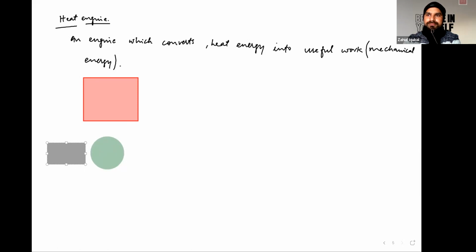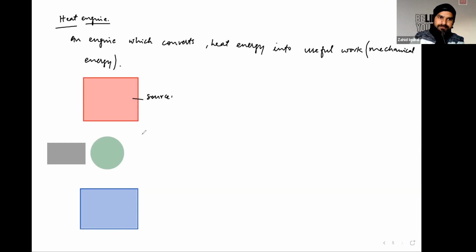And third one, surrounding. This is source, working tool, and this is sink.